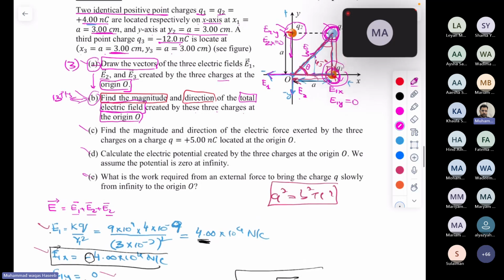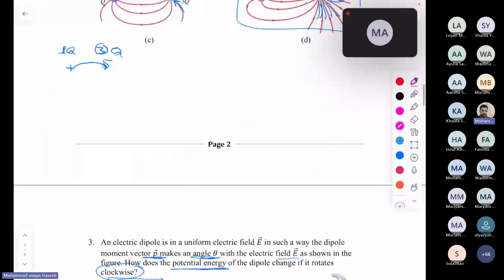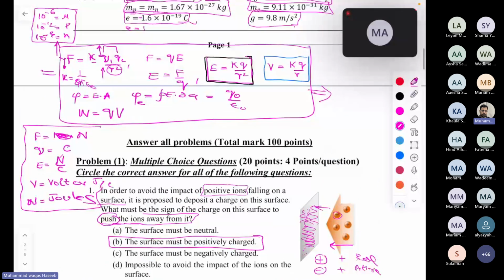Next is C. Find the magnitude and direction of the electric force. I've given you the formula: electric force is nothing but the charge times the electric field.